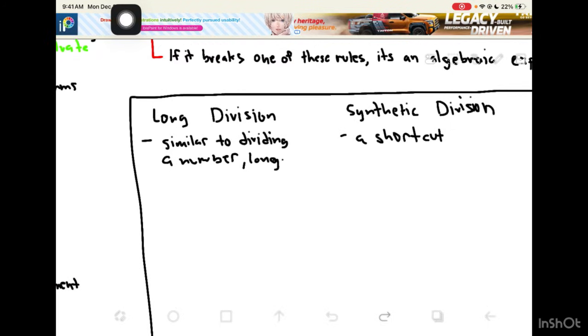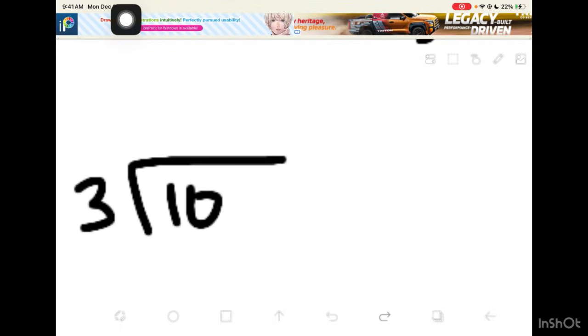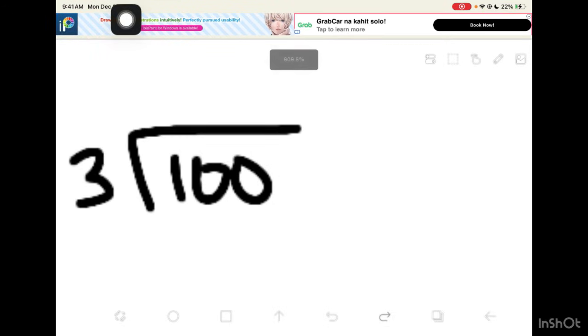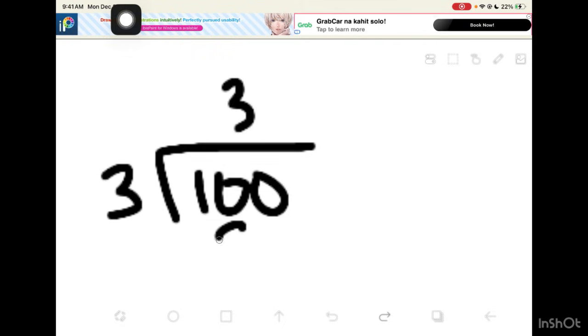Long division is similar to dividing an integer or any number. If you remember from grade school, you have, let's say, 100 divided by 3. There's no 1, so 10. 10 divided by 3 is 3. 3 times 3 is 9.